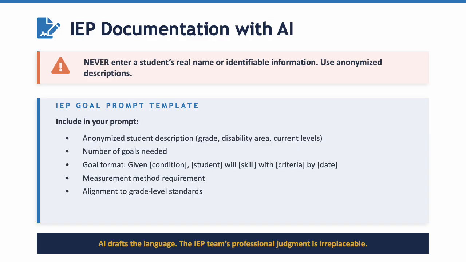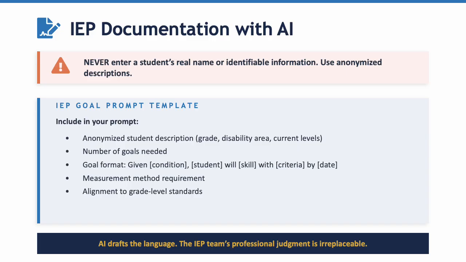Now I want you to use your AI tool of choice again, and I want you to try this prompt. Quote, you are a special education specialist experienced in writing compliant, measurable IEP goals. Draft 3 IEP reading goals for a 4th grade student currently reading at a 2nd grade level. Each goal should include a condition statement, the specific skill, performance criteria, and a timeline.